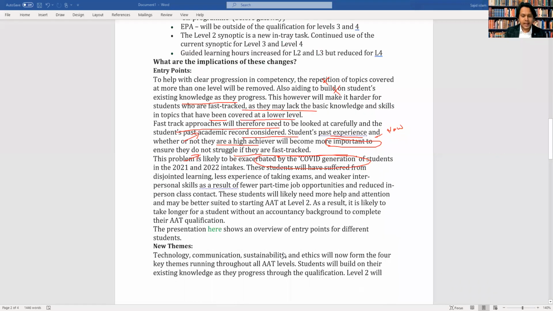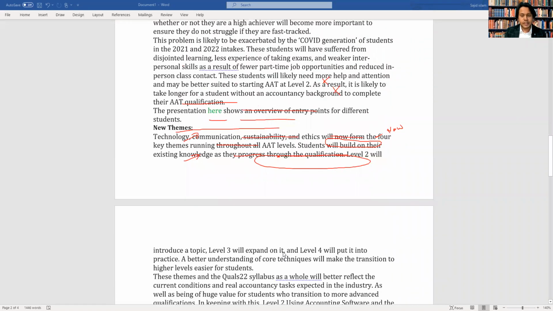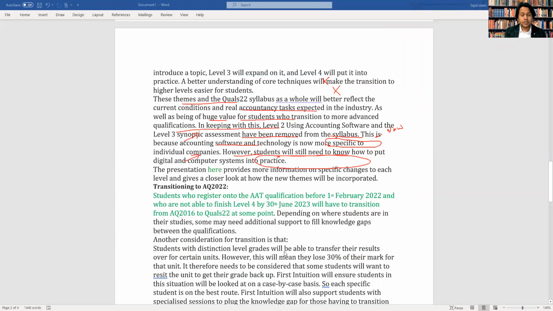Also, we'll have some more changes for the transition. The transition means when you have to move from one syllabus area to the next syllabus area. For example, it says a student who registered onto the AAT qualification before 1st February 2022.